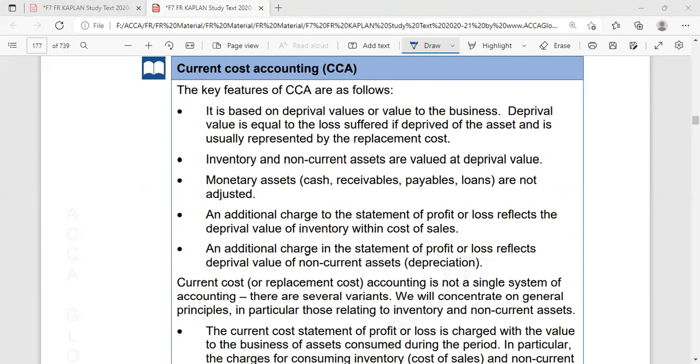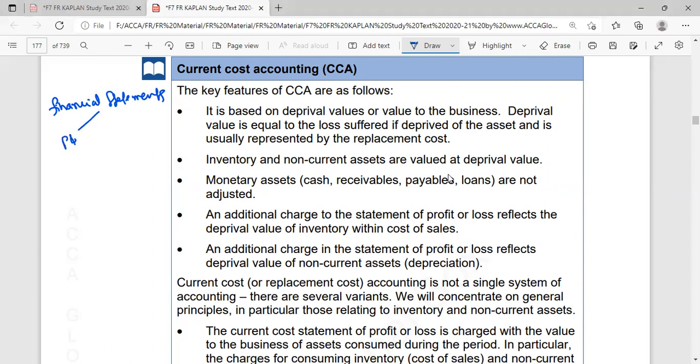So what is considered in this case? Financial statements are prepared based on current values of individual items. That is nothing but the P&L statement or income statement and the balance sheet.